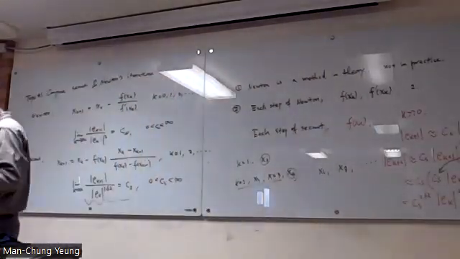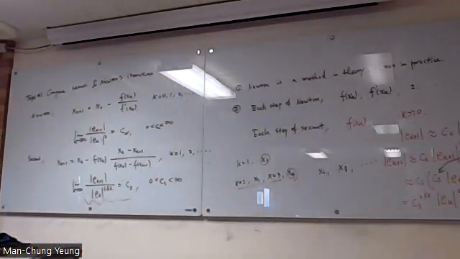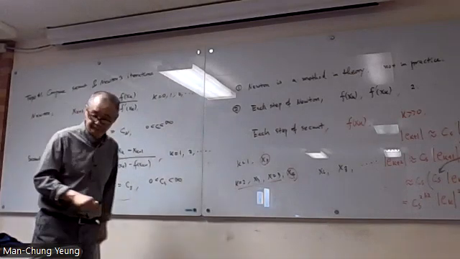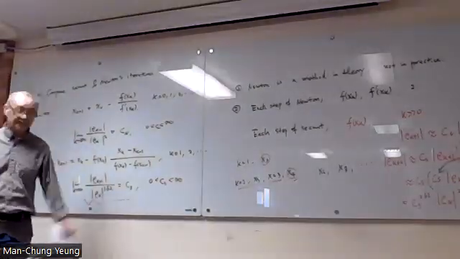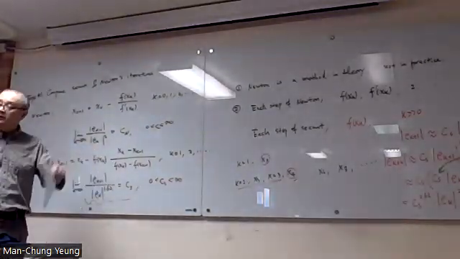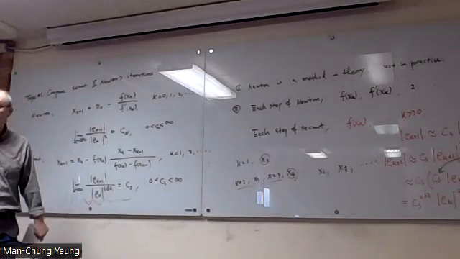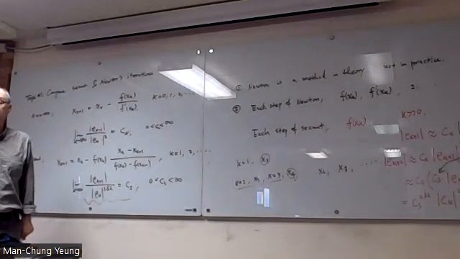Now, topic 2, section 3.4, a summary section. Let's make a summary. The secant method has convergence order 2.6, super fast, very, very fast.